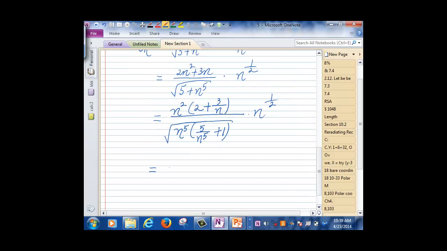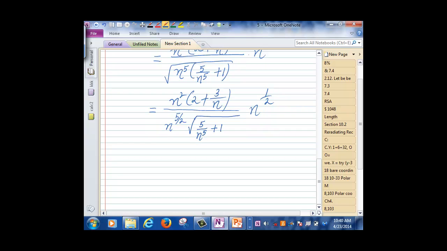In the denominator now, what I'm going to do is write this as n to the 5 half times the square root of 5 over n to the 5 plus a 1. Here I have n squared times 2 plus 3 over n, times n to the half.